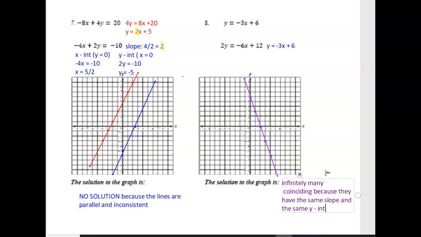So when graphed, I get the exact same line. The graph of the exact same line means infinitely many solutions because any point along this line is a solution.